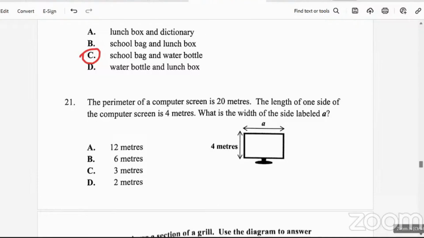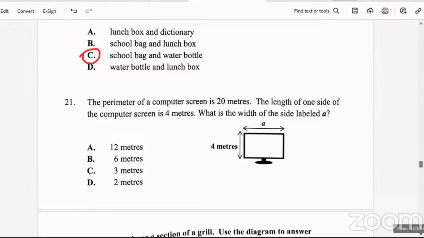All right, so what is perimeter? It's the distance around, the total distance around an object. So the computer screen, if we measure all the sides going around and add them all up, it should give us 20, but they only gave us a measurement for the length, and it says the length is 4 meters.